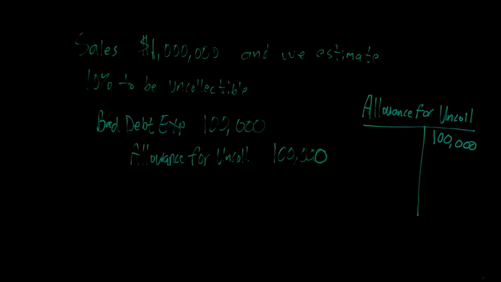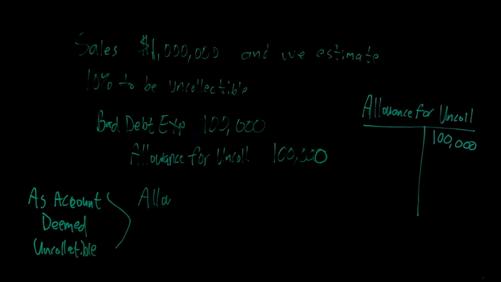So as accounts are deemed uncollectible, we're going to debit allowance for uncollectibles and credit accounts receivable.